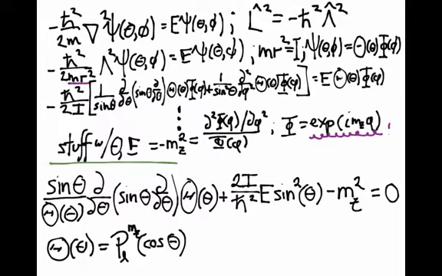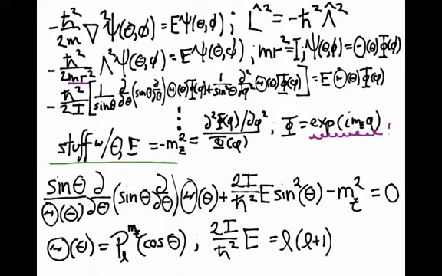So P is a function of x, but we're going to replace x with cosine theta wherever we see it. Also, the number 2I over h bar squared times E that you see there actually has to be equal to this counting index number L times L plus 1. It's the only way the problem gets solved.